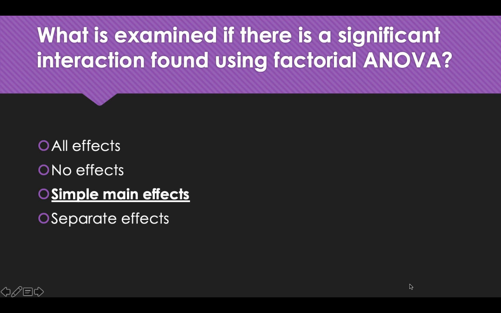So down further in that section under the factorial ANOVA, there it is, the end of the first paragraph. It says, this interactive type of interpretation includes the assessment of simple main effects. So the simple main effects are what occur as a result of the interaction of these variables.